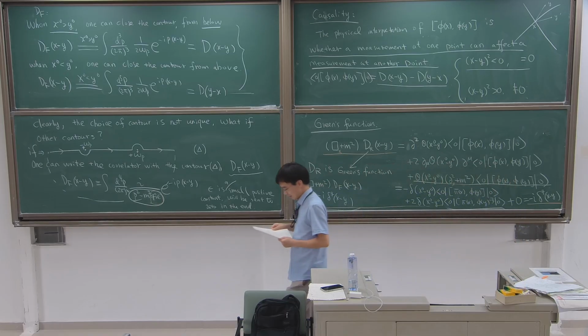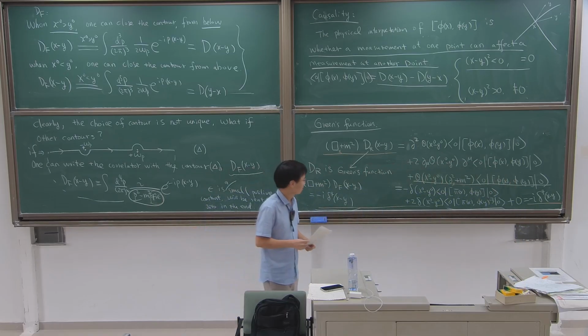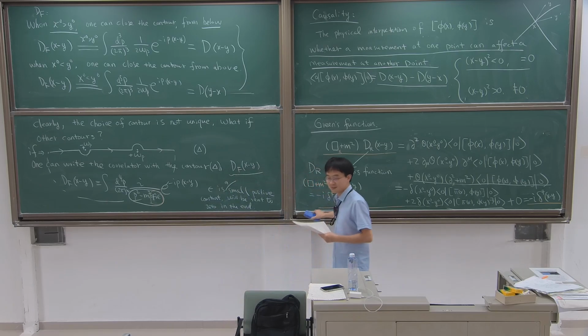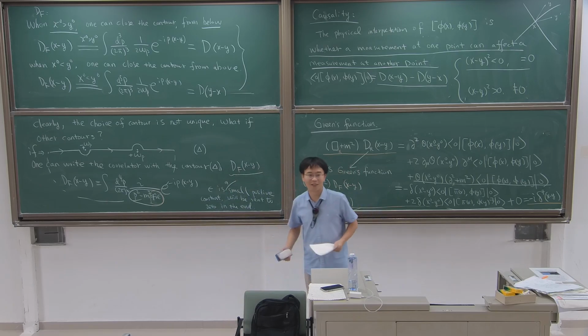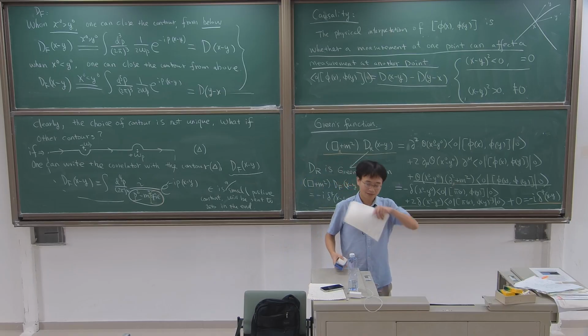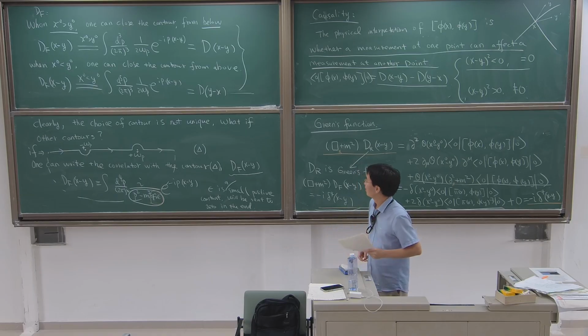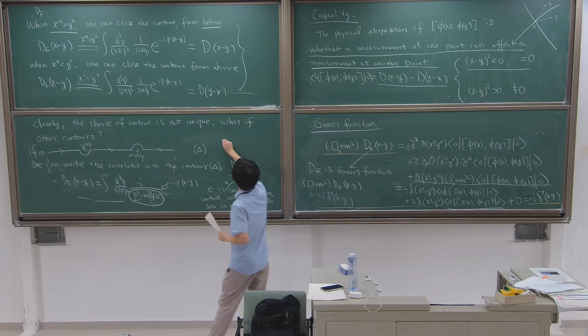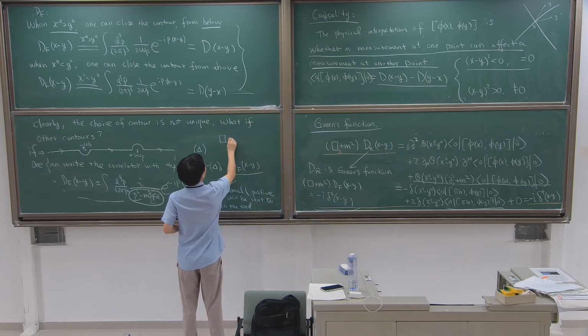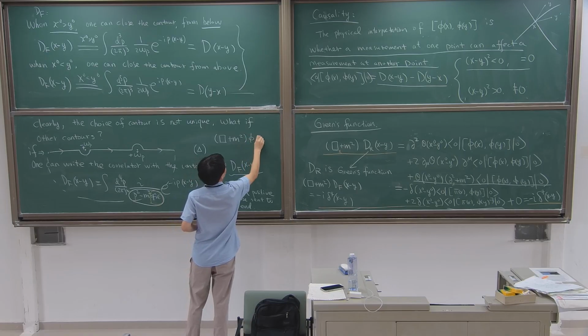And so what do we mean by interacting theory? That's the first elementary thing we should clarify, right? Up to now, we only deal with something like equation of motion.